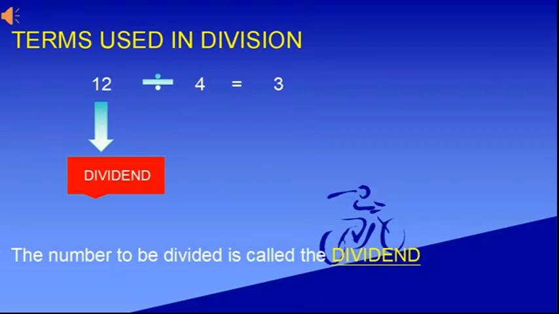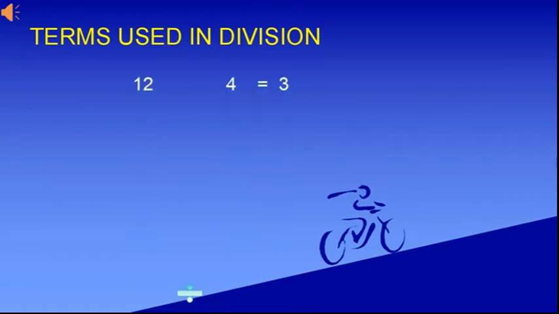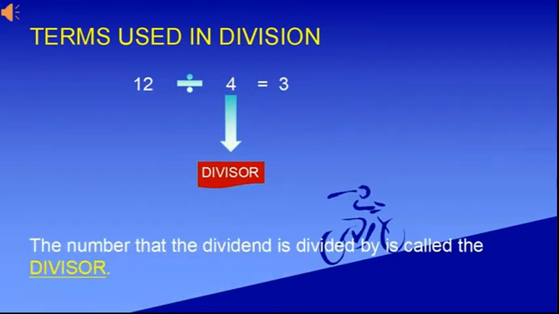The number to be divided is called the dividend. Here, number 12 is the dividend. The number that the dividend is divided by is called the divisor.